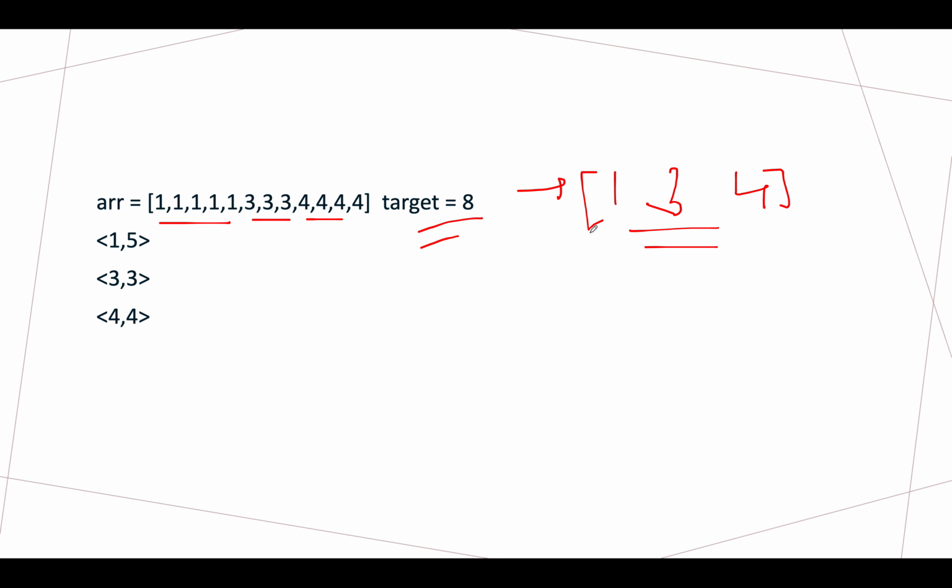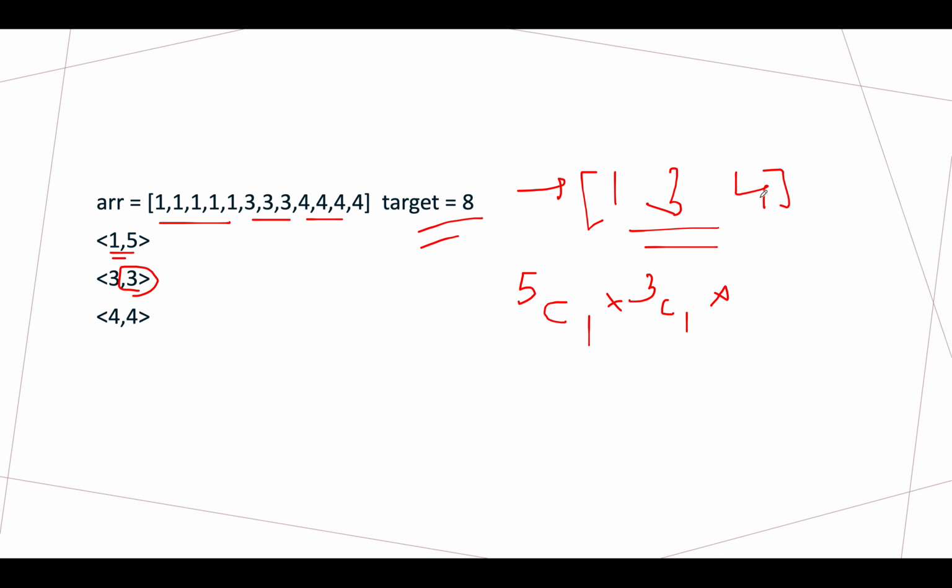And in how many ways can we pick 1 out of these 5? That would be 5C1. And in how many ways can we pick a 3 out of the three threes that we have? That would be 3C1.